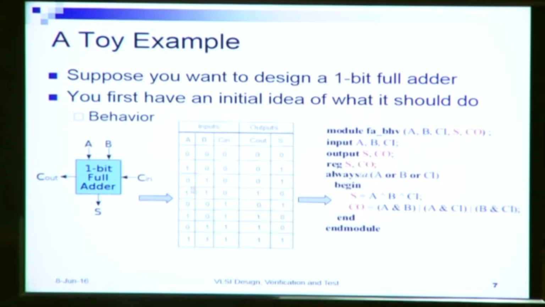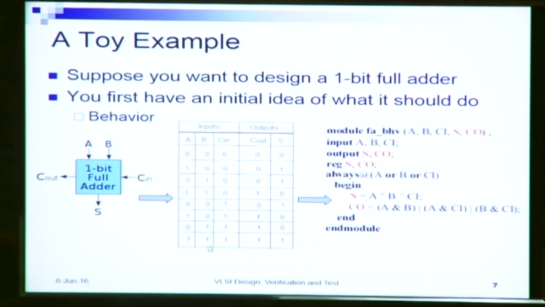Once we have an idea of the functionality, we represent the function directly in the form of a truth table, because this is a very simple application, and we know how the outputs will be driven. Whenever there is an odd number of inputs as 1, the sum bit will be 1.